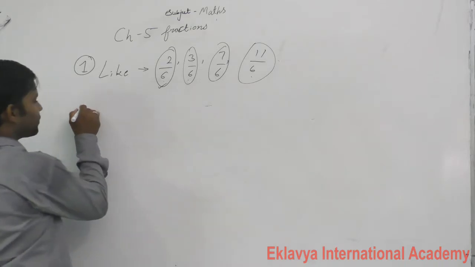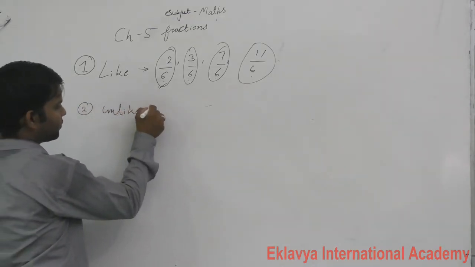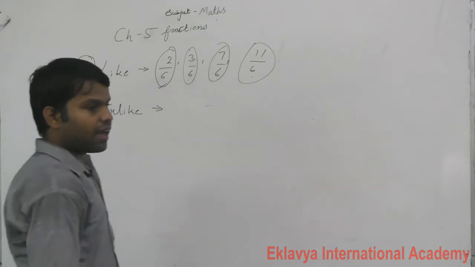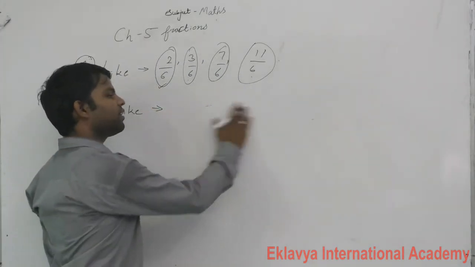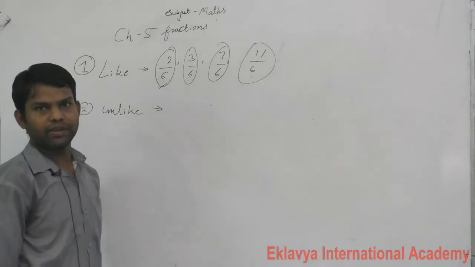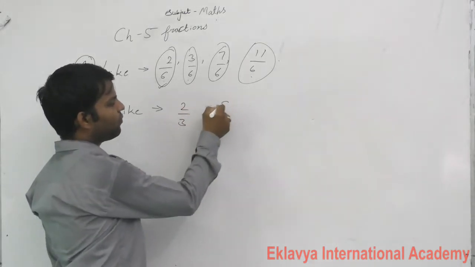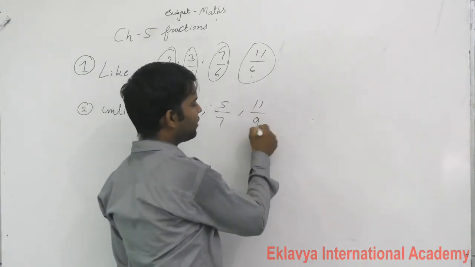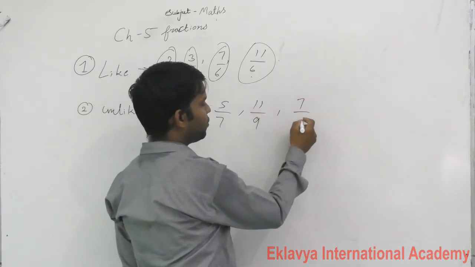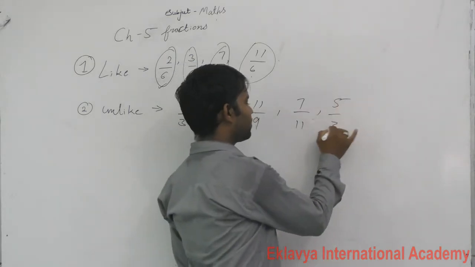Second, unlike fraction. If we have different fractions, in which the denominators and numerators are all different, like 2 upon 3, 5 upon 7, 11 upon 9, 7 upon 11, 5 upon 3.